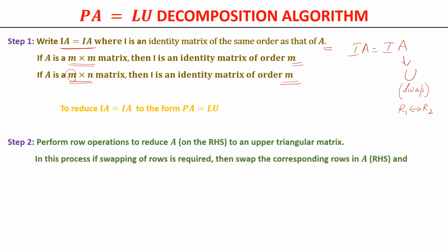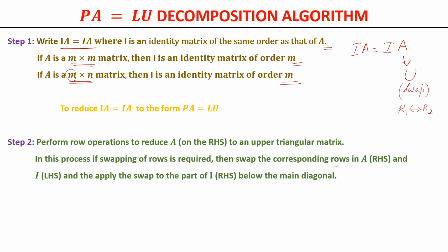Kindly note, the swapping of the corresponding rows must be done in the right hand side A and the left hand side I. So if we are swapping the first and the second rows, that swapping has to be done on both the left hand side I matrix and the right hand side A matrix.